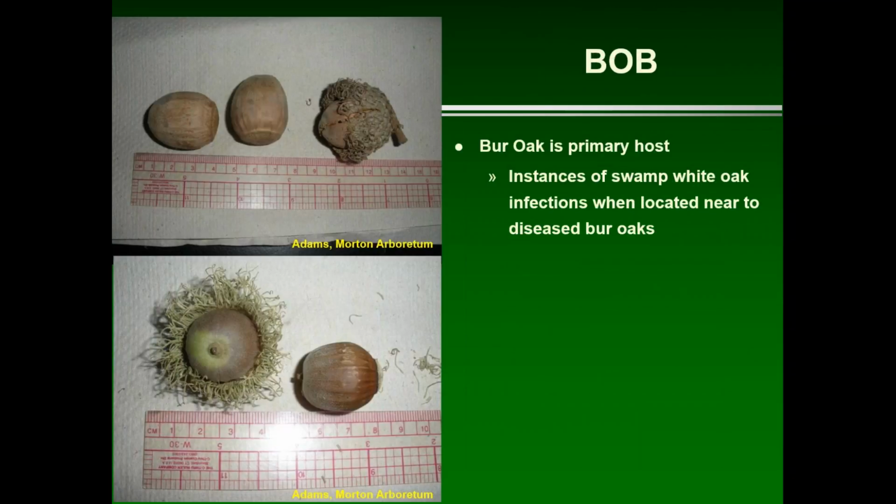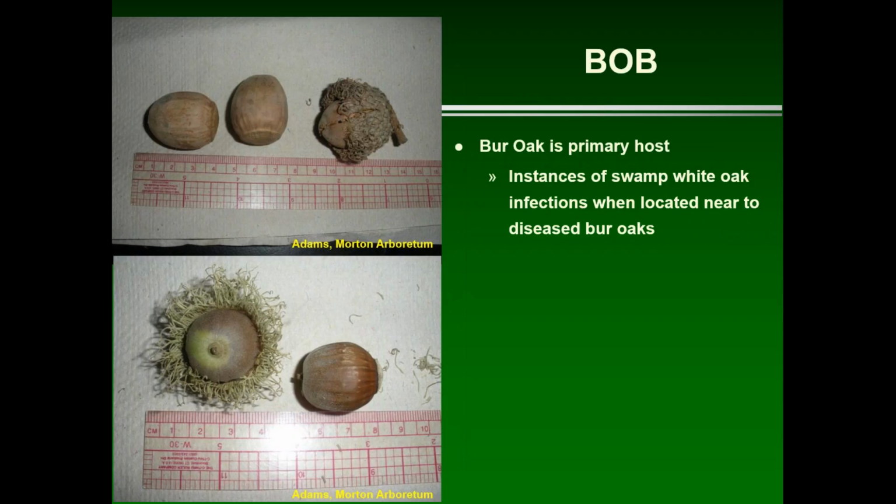Bob is primarily a pest of bur oak, Quercus macrocarpa. Dr. Harrington did report that they have also seen some foliar lesions from Bob on swamp white oak, but those infections were on trees that were growing very close to other bur oaks that had the disease.